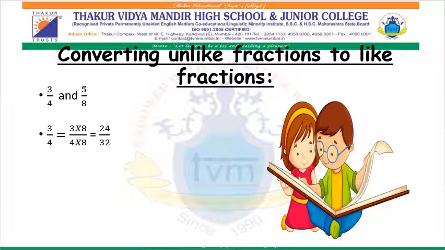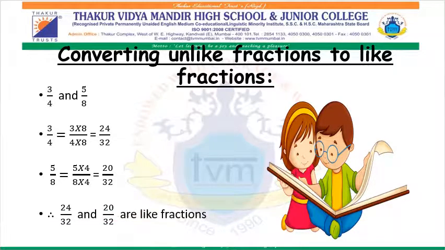So I get 24 upon 32. 5 upon 8, I will multiply both the numerator and the denominator by 4. So I am getting 20 upon 32. Therefore, 24 upon 32 and 20 upon 32 are now like fractions because you can see their denominators are same.